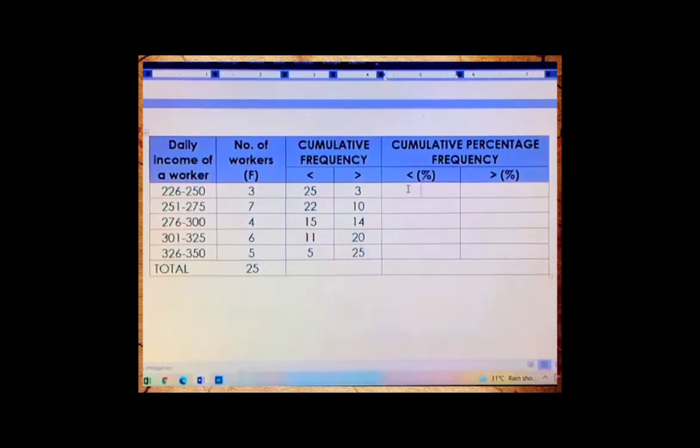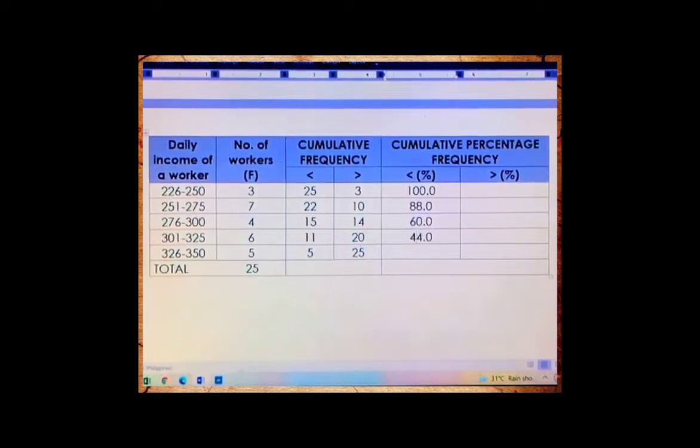And now we're going to solve the cumulative percentage frequency lesser than. We have 25 divided by 25 times 100%, which is equal to 1 times 100%, equals 100%. Then 22 divided by 25 times 100% is equal to 88%. 15 divided by 25 times 100% is equal to 60%. 11 divided by 25 times 100% is equal to 44%.